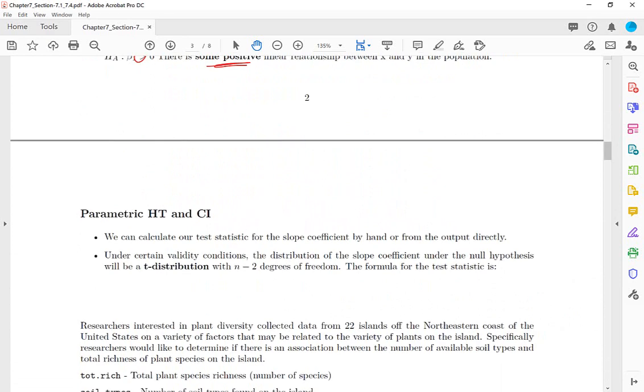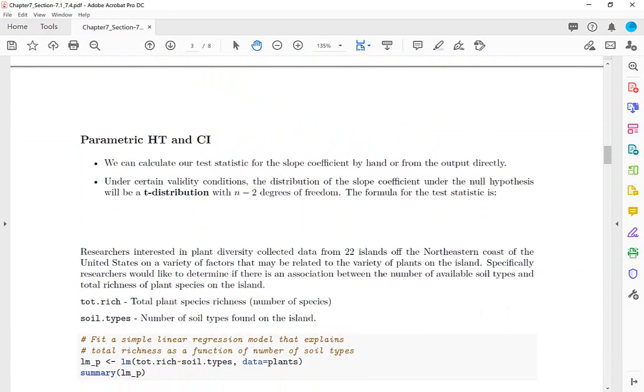For our parametric hypothesis test and confidence interval, we can calculate our test statistic for the slope coefficient by hand or from the output directly. Under certain validity conditions, the distribution of the slope coefficient under the null hypothesis will be a t distribution with n minus 2 degrees of freedom. To calculate our test statistic, we'll use our value of slope, b1, divided by the standard error of the slope.